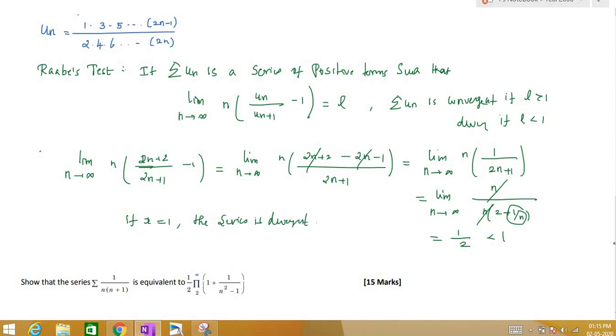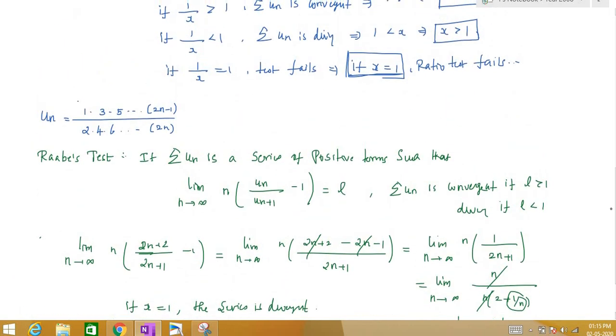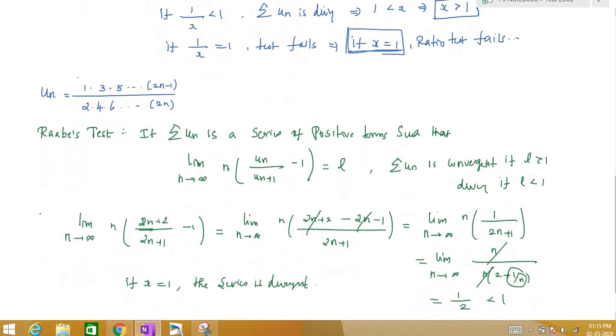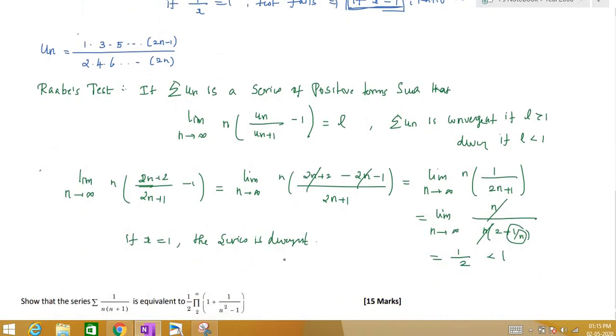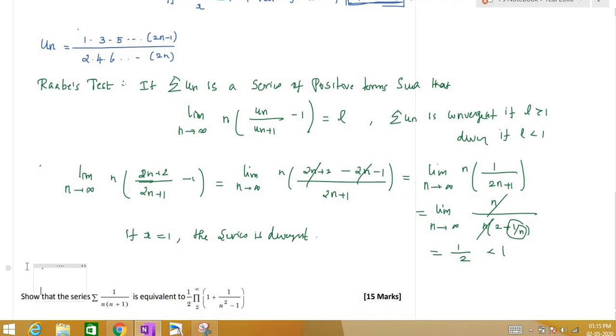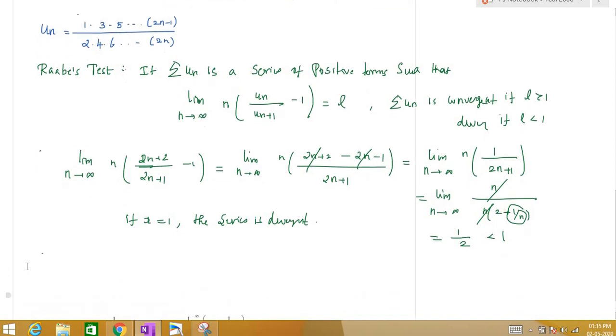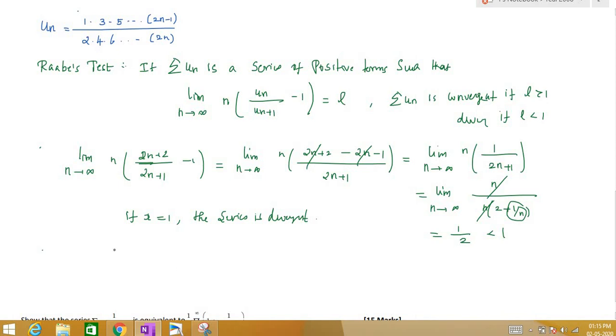So what we will conclude is that we already know what happens if x is less than 1 and x is greater than 1. So this is our conclusion.